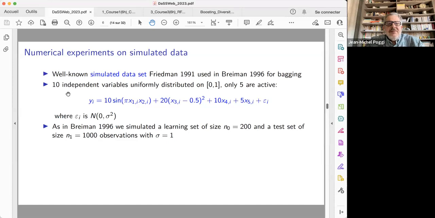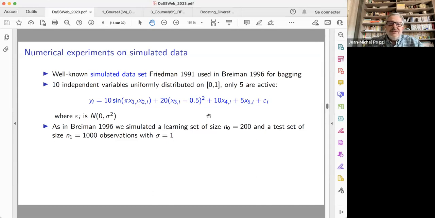So this is a regression equation involving 10 independent variables, but only 5 are active in this formula. Y i is only a function of the first 5 x values. So you have 2 linear terms and 2 nonlinear terms involving the first 3 variables.